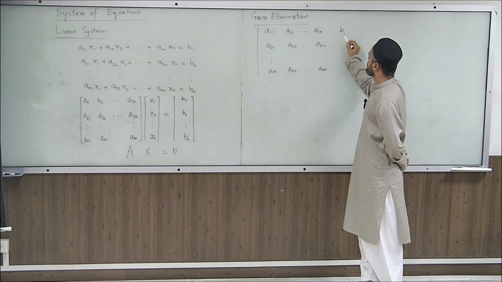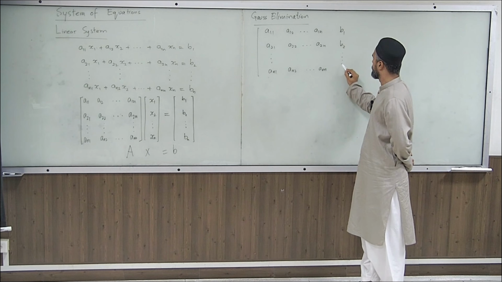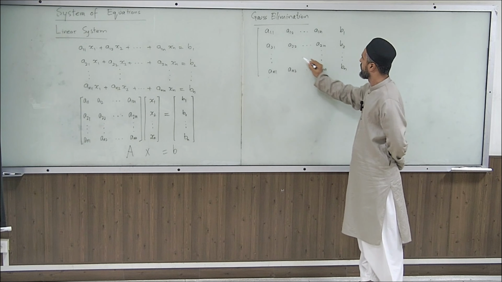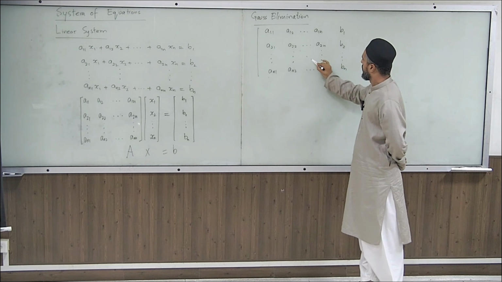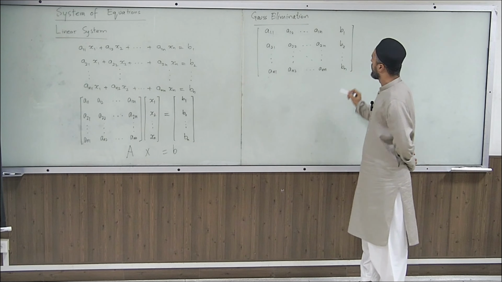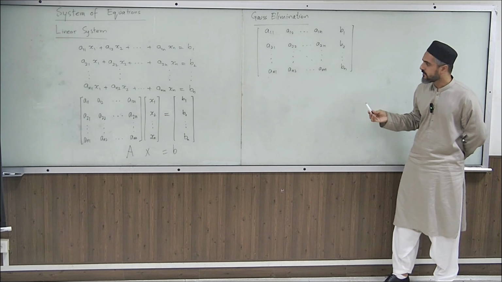The right hand side is b1, b2, so on to bn. This is the augmented matrix.